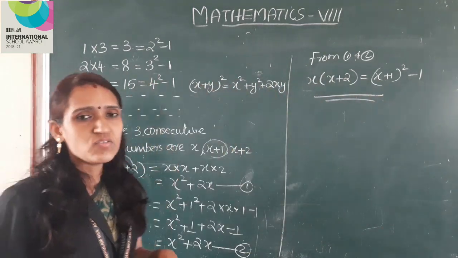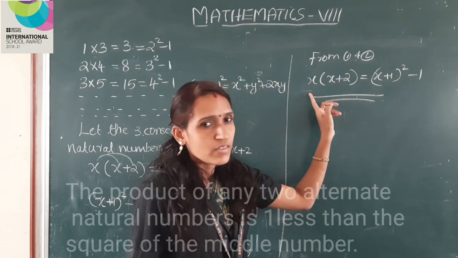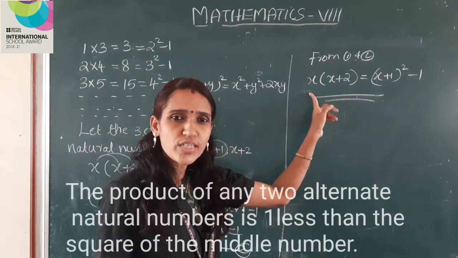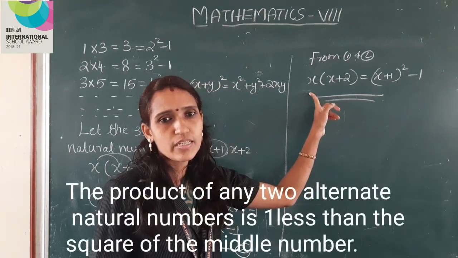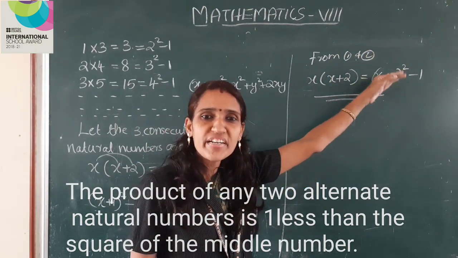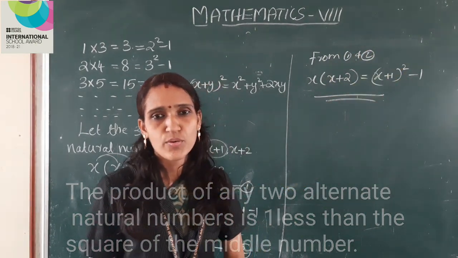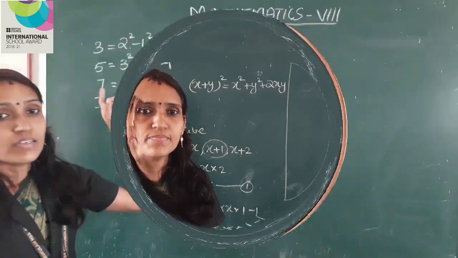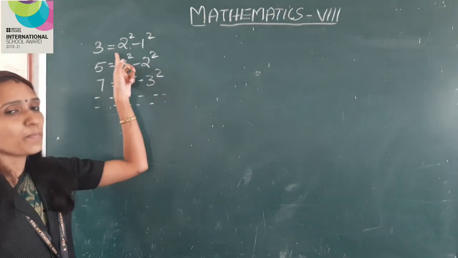From this pattern, we understand that the product of the alternate natural numbers is 1 less than the square of the middle number. Okay, clear? Let us see another pattern.